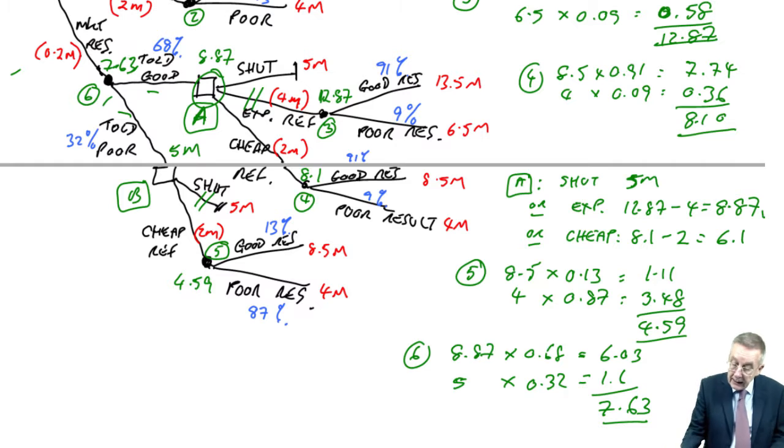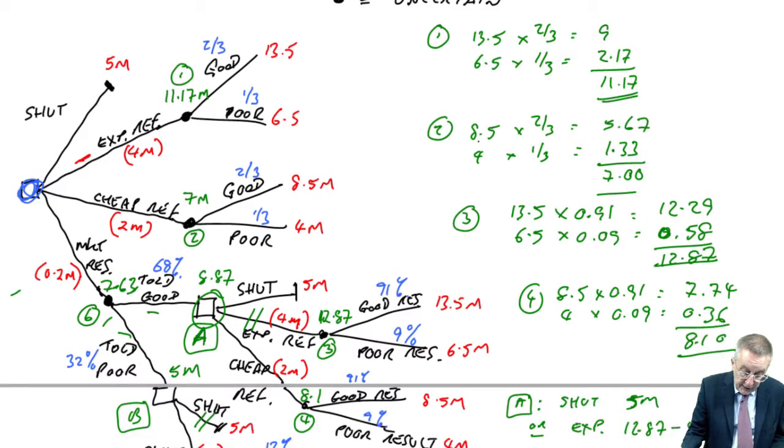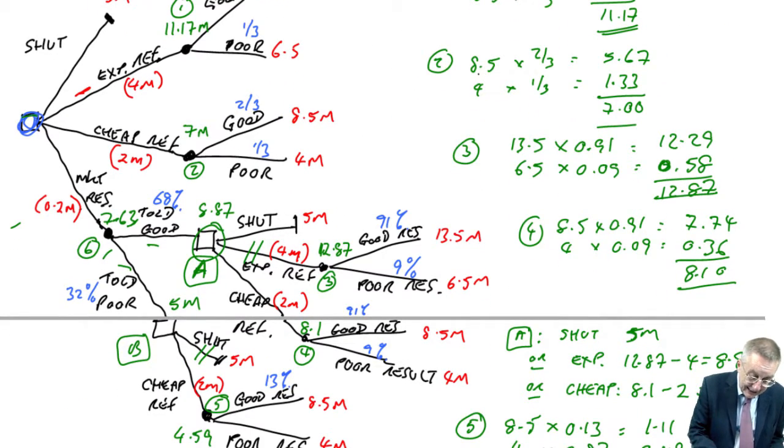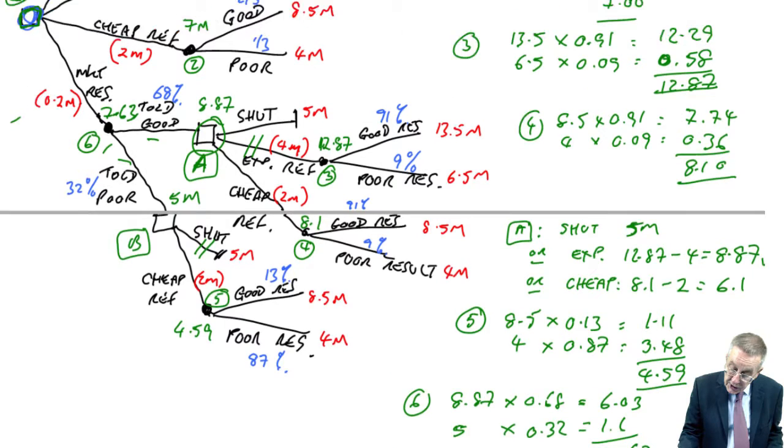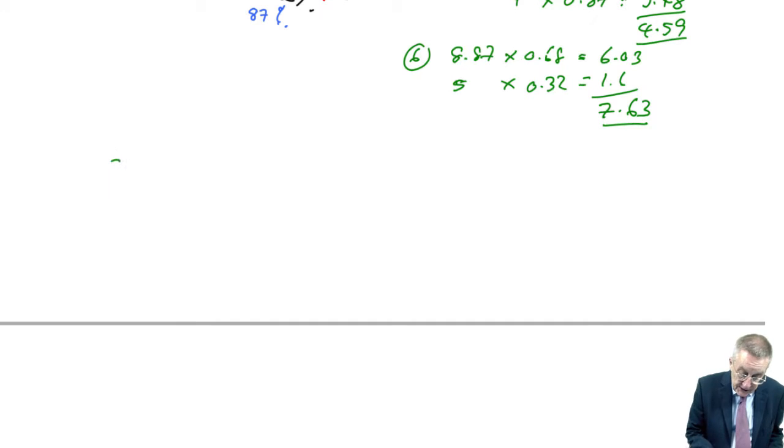Now, finally, we can go back to our first decision, which I'll call C. Now I can decide which of the 4 things to do. Let's list them. One option is to shut immediately. So this is C, and if we shut, we get 5 million.